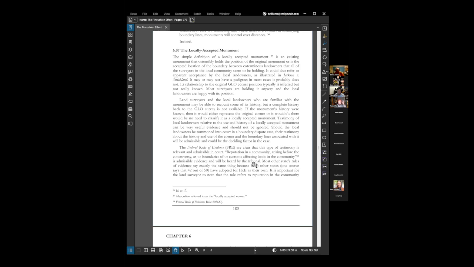So you may have some good evidence there that later on would have been lost, but a perpetuated corner, although it is not proof absolute, can be strong evidence for a corner that you need to use.